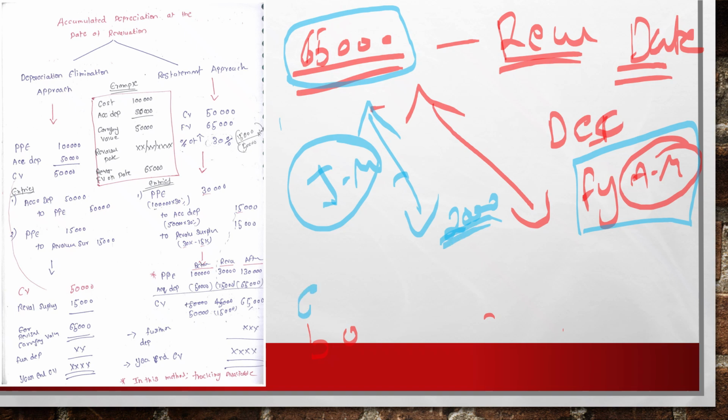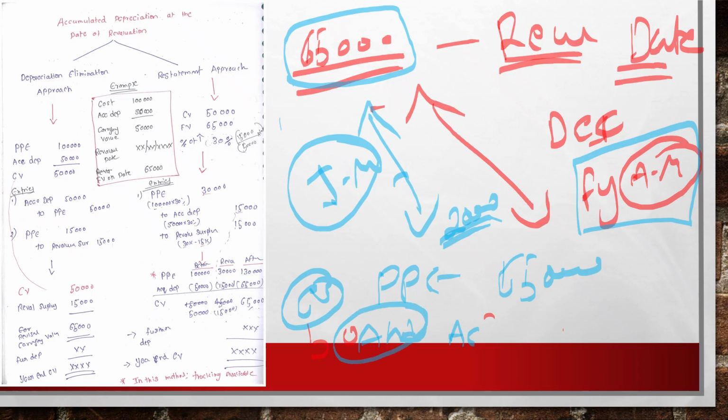So then your gross PPE value is 65,000 and your accumulated depreciation from revaluation date to another reporting date would be 2000.